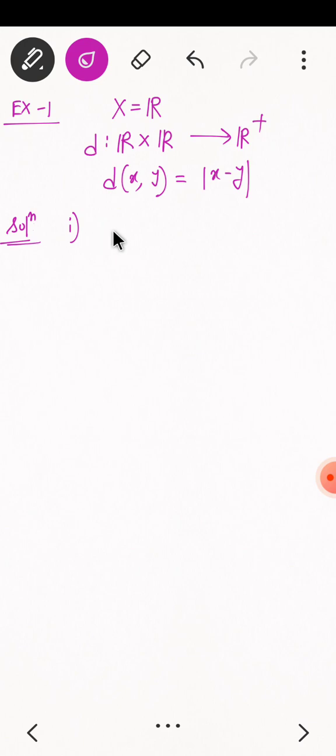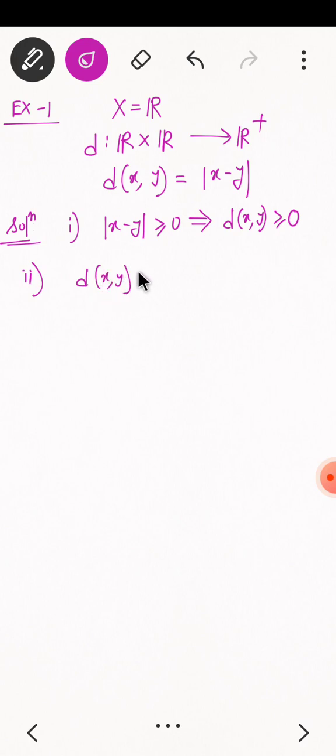The first property: we know mod of x minus y is always greater or equal to 0, that is D of xy greater or equal to 0. The second condition is D of xy equal to 0 if and only if mod of x minus y equal to 0, which implies that x equal to y.